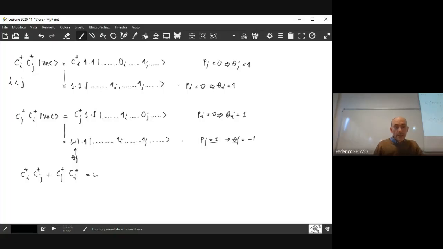So this sum is equal to 0. And this is maybe written also as the anticommutator. So the anticommutator of C cross I and C cross J is equal to 0. And using exactly the same approach, it is also possible to see that the anticommutator between the annihilation operators Ci, Cj is equal to 0.